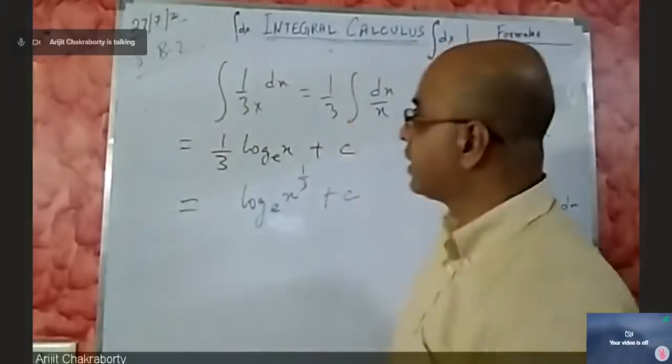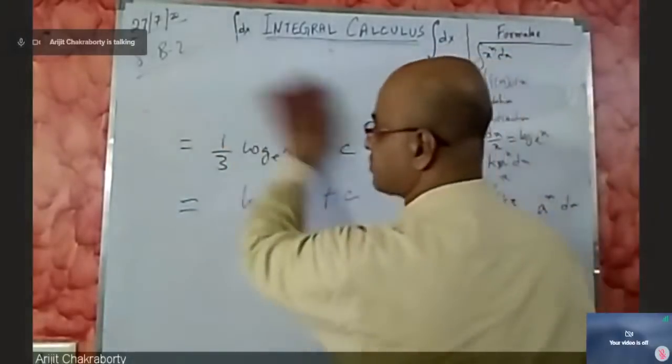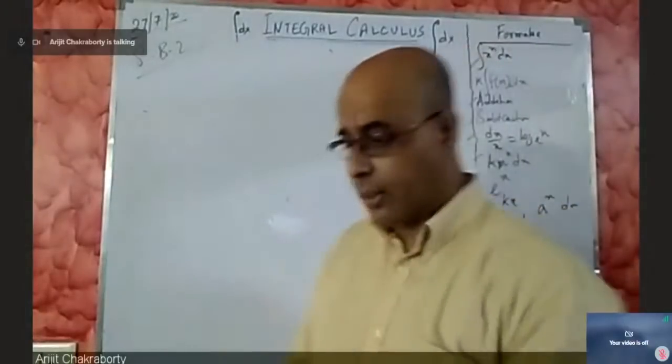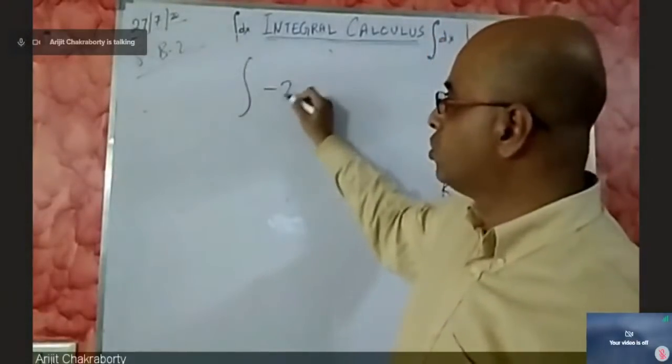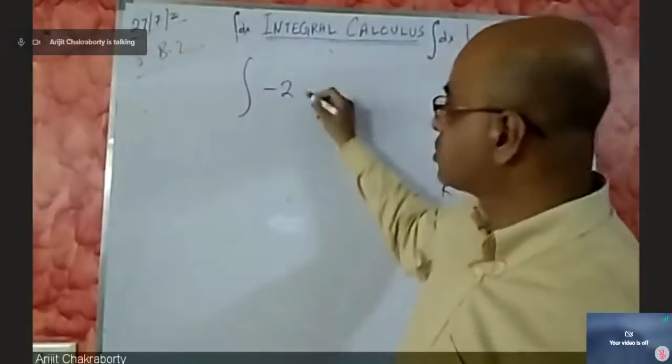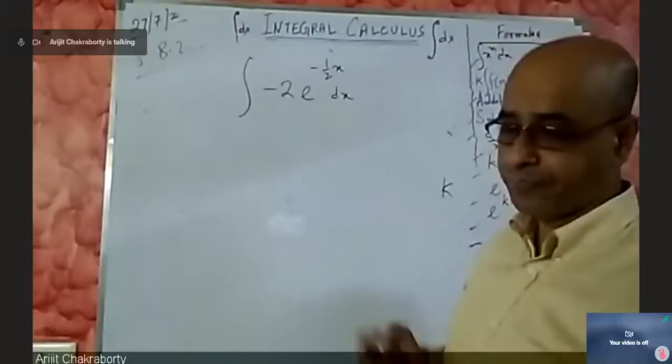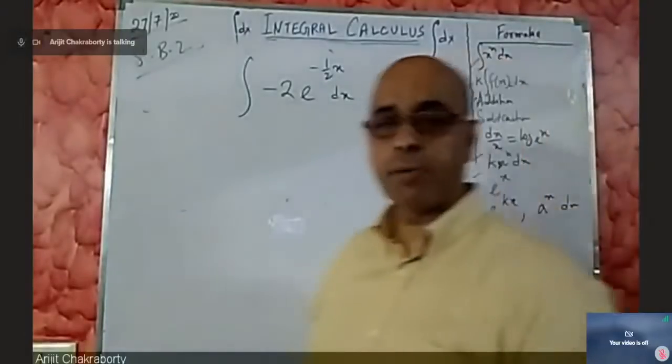Okay, now I am doing the next problem, and this problem is the integral of minus 2 e to the power minus half x dx. Please see the problem carefully.